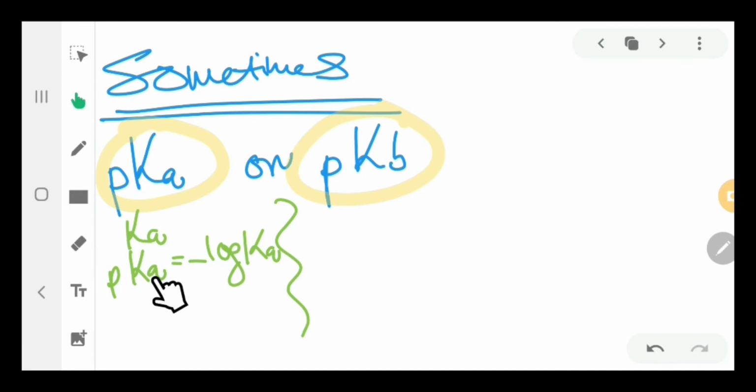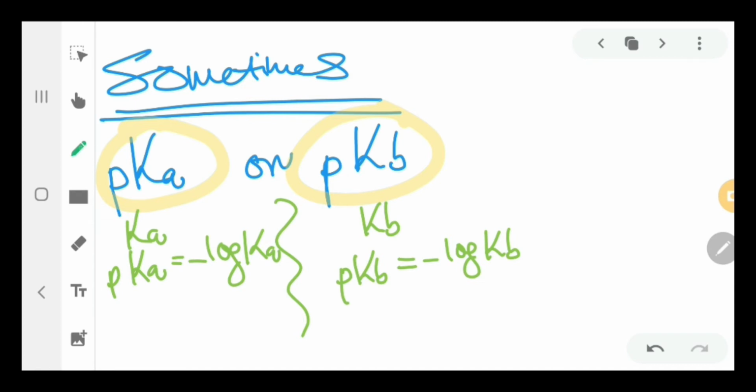So pKa is just the inverse of Ka. Okay, same goes to pKb. They're going to give you a Kb value. So pKb is simply the negative log times the value of Kb.